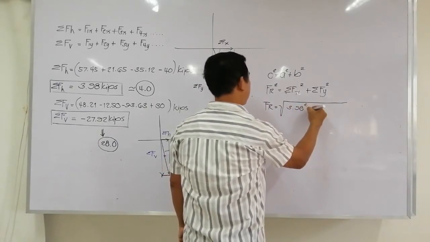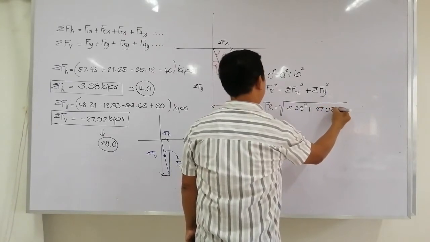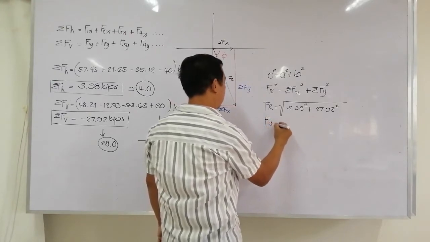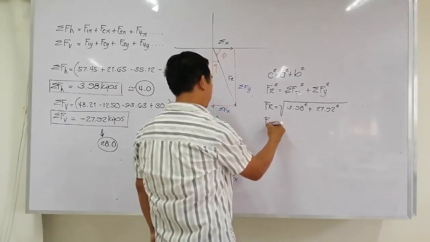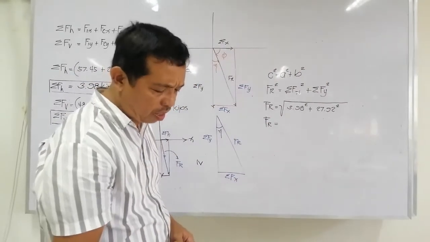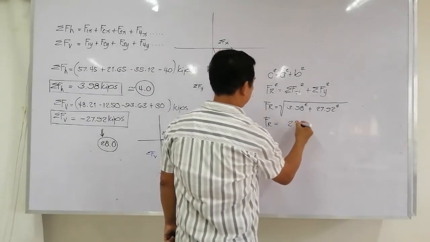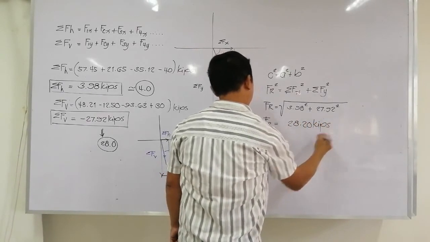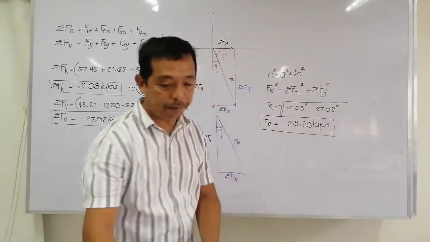So, that would have to be 3.98 squared plus the absolute value 27.92 squared. Evaluation, execution would lead us to getting FR. We can have the value of FR at 28.20. Double check lang natin.